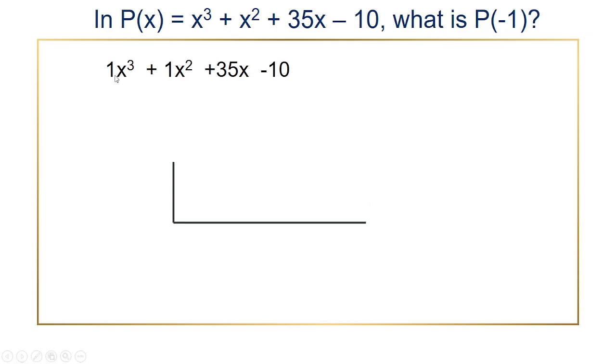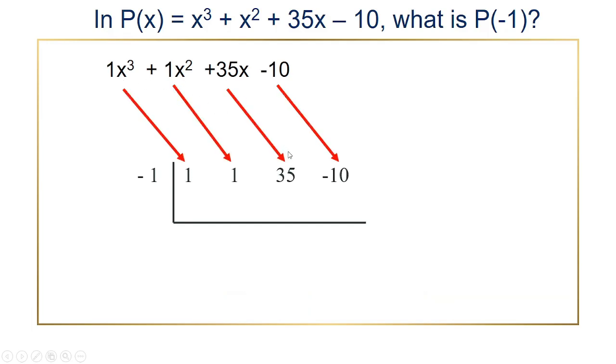Okay, so as usual, we write the coefficients in a row. So 1, 1, 35, negative 10. Now this is already negative 1. We don't need to equate this to 0 because this is not a divisor.